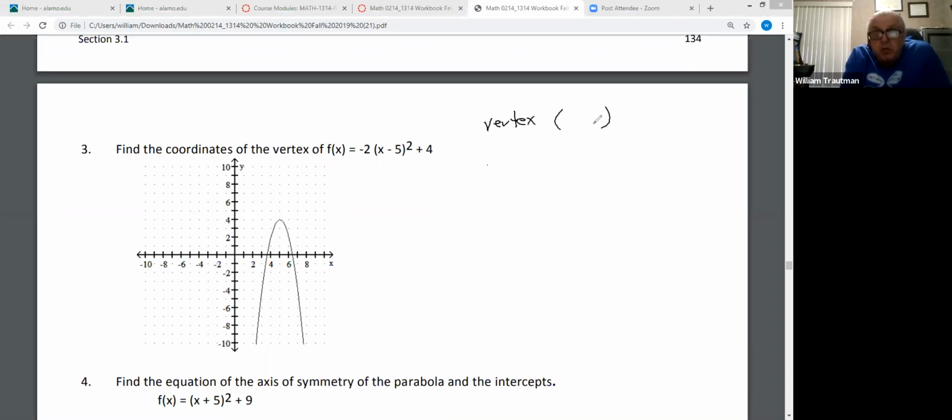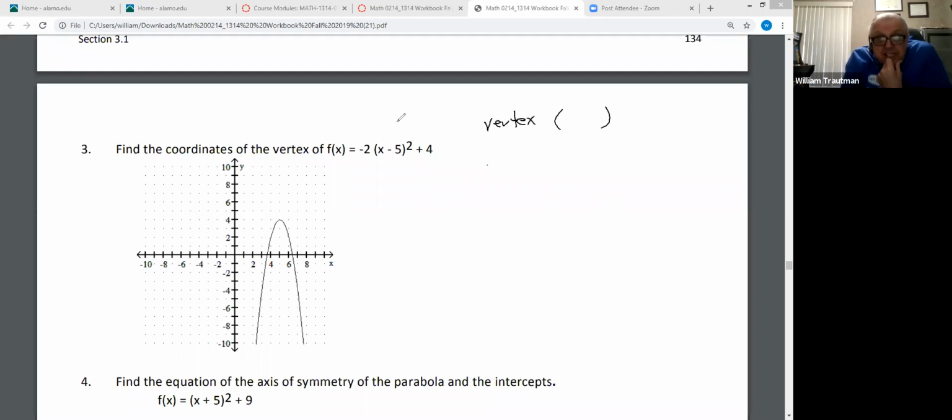It's always going to be a coordinate. The vertex is not 5. It's always going to be a coordinate. So you're thinking the axis of symmetry. Yes, but you didn't put the parentheses. Oh, and it's not a 3.